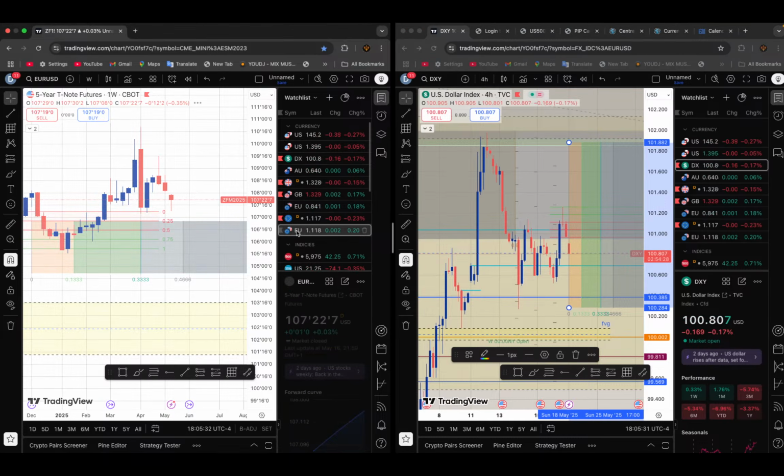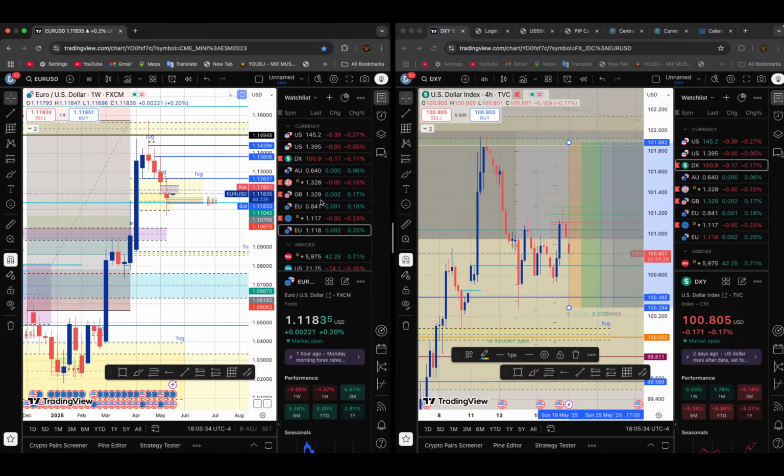But for now, it's looking good in terms of its gap lower.